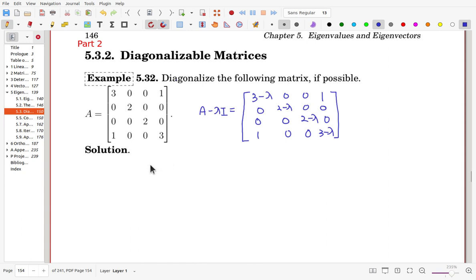So now the determinant of A minus lambda I, we'll use the cofactor expansion.